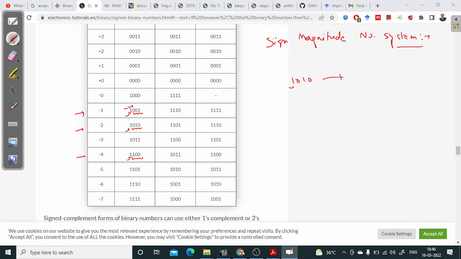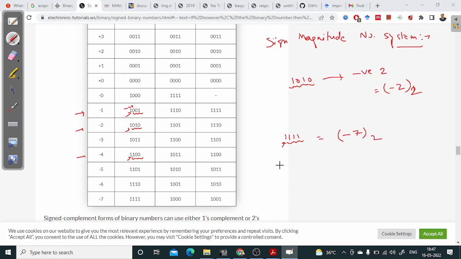The first bit will decide that it's a negative value, and the rest 3 bits will decide its value, which is 2. So it is -2. Let's say 1 1 1 1. This first 1 is minus, and this 1 1 1 is 7, so it is -7.